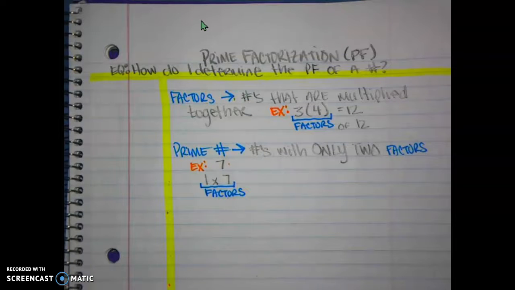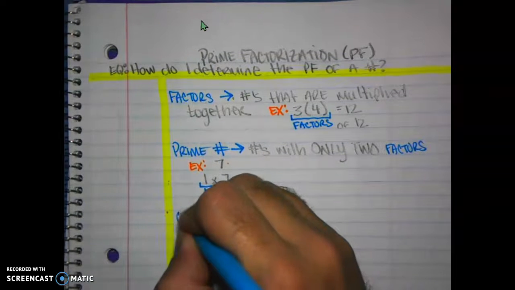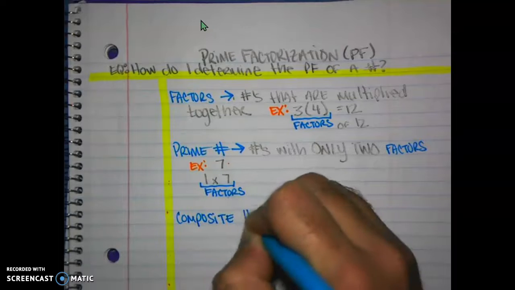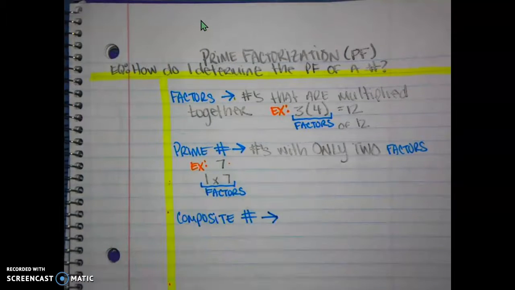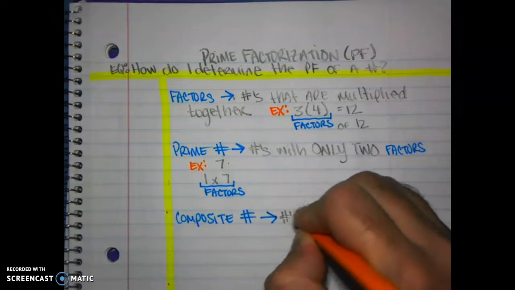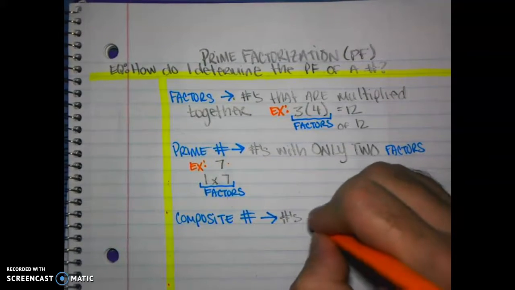Okay, next word is a composite number. It's kind of the opposite of a prime number. A composite number is going to be numbers with more than 2 factors.